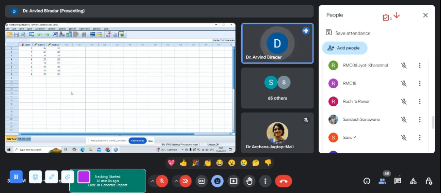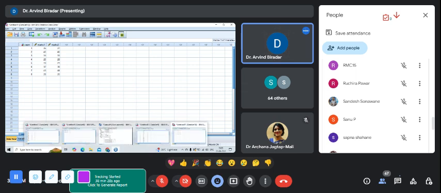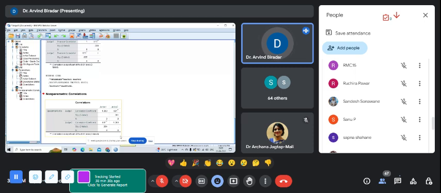There is one formula: 1 minus 6 summation of d square divided by n into n minus 1, like that. This software itself is doing all this work. The final result is this one. So this is the beauty of the software.